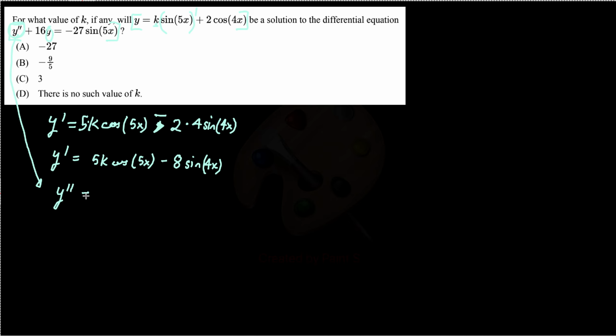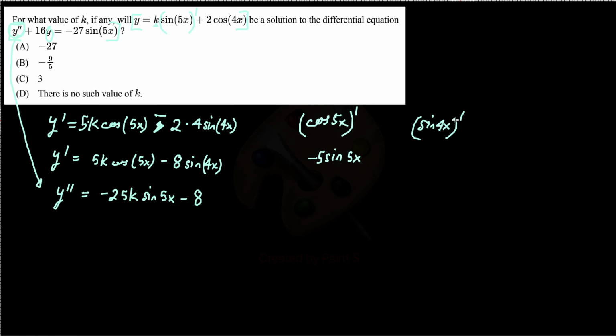For y double prime, the 5k is just some constant that's being multiplied. The derivative of cosine 5x, and if you need to, take your time with it. I did it quick in the other case. But the derivative of cosine 5x is negative sine 5x times 5, and now this is times the 5k. So I'm going to get negative 25k sine 5x minus 8 times the derivative of sine 4x.